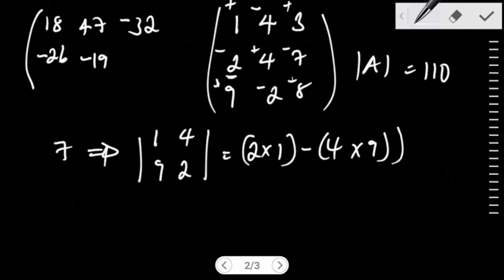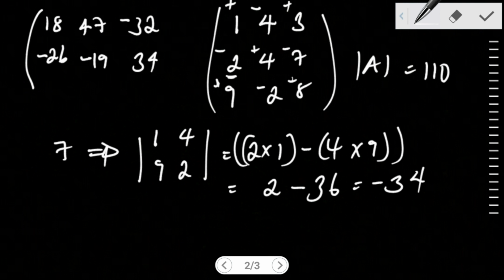So out of that, you subtract: you're going to get 2 minus 36, which will give me negative 34 in this case. Now the sign on 7 is negative, therefore this becomes a positive, and therefore we're going to have positive 34.